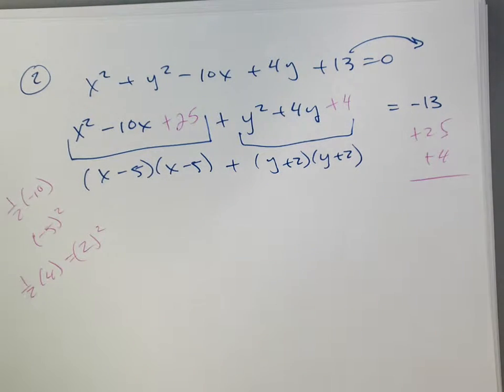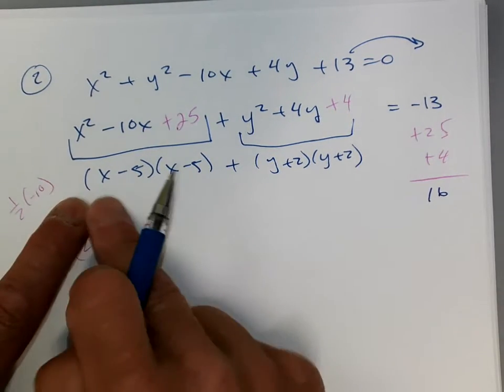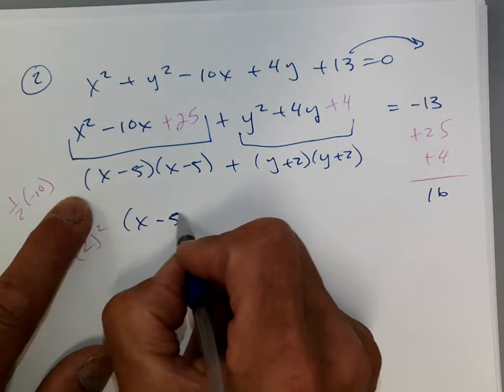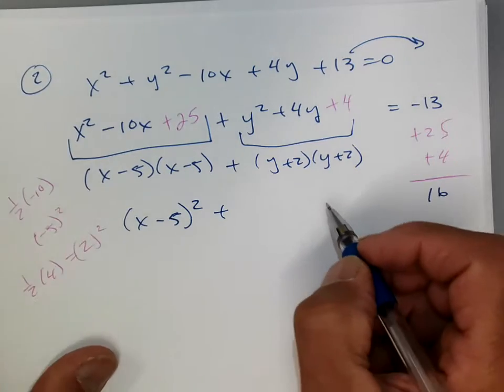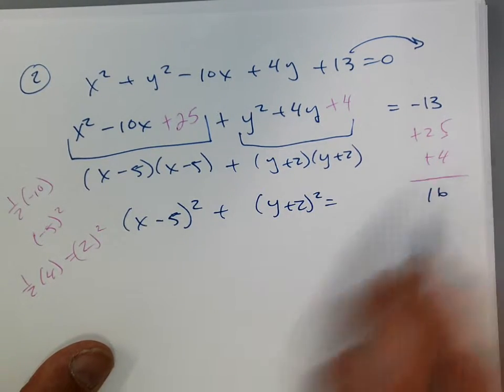Oh man, I'm glad I didn't put down 9. Equals 16. So x minus 5 can be rewritten as an x minus 5 quantity squared, and y plus 2 can be rewritten as a y plus 2 quantity squared equals 16, right?